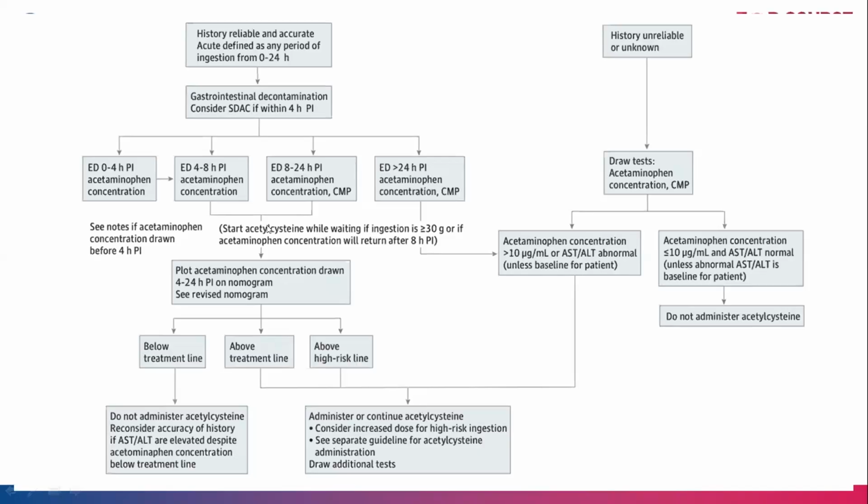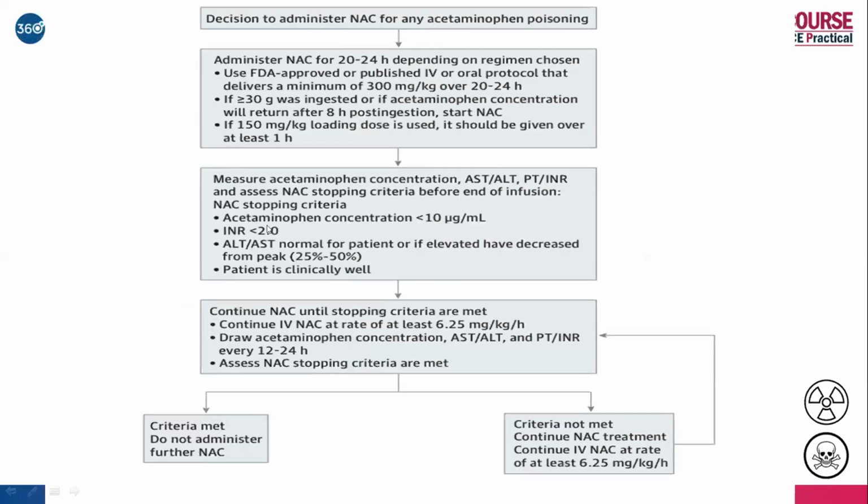Okay, so this is how you give N-acetylcysteine, and when to stop N-acetylcysteine is very, very important. One, when your acetaminophen concentration is less than 10 microgram per ml, your INR is less than 2, your AST and ALT are normal for the patient, or if elevated, have decreased at least 25 to 50% from the peak, and if your patient is clinically well.